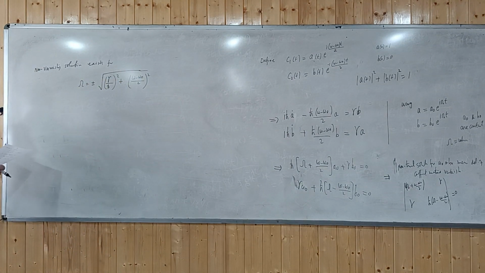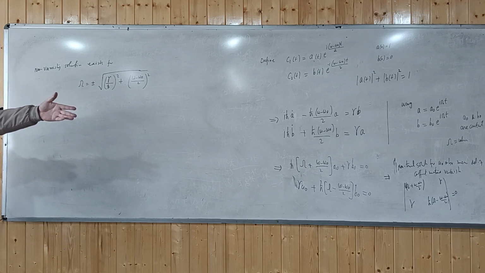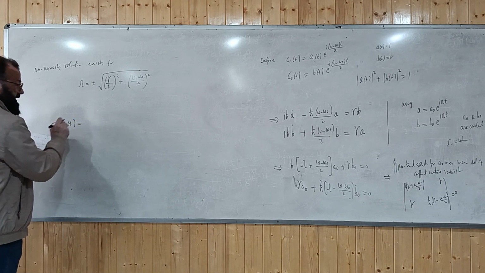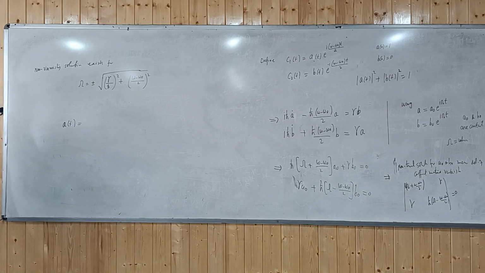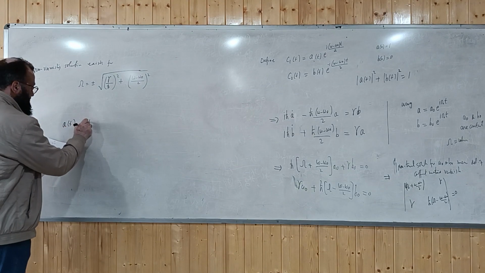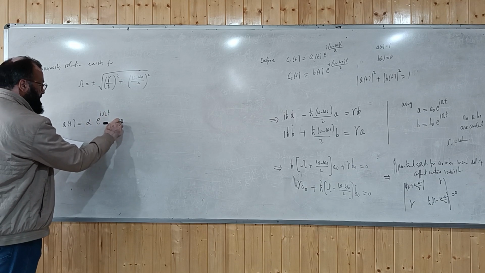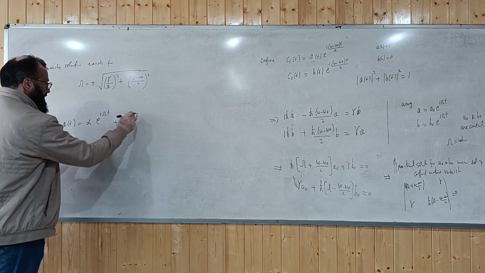So now you are having two possible solutions. It is because you are having two solutions. A and B, these numbers we need to figure out, are the functions. Clear? So now I can write the solution A of t. Instead of writing A naught, I will put A of t. So it will be simply some unknown constant alpha e raised to i omega t plus some beta e raised to minus i omega t.